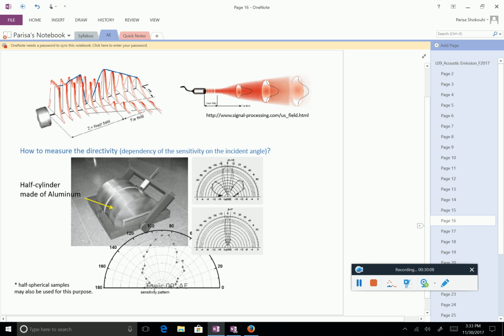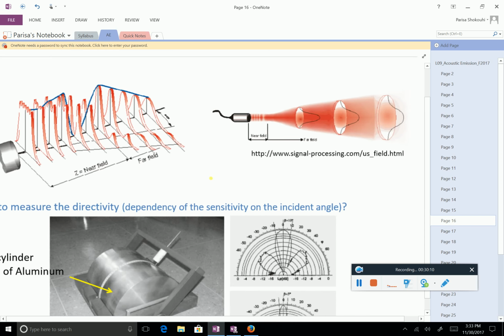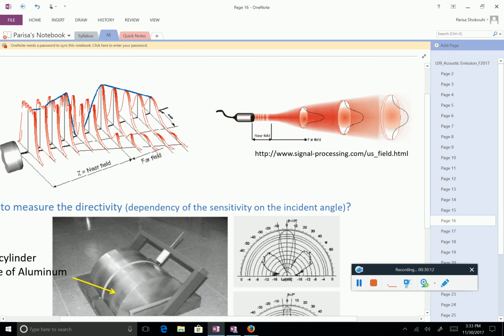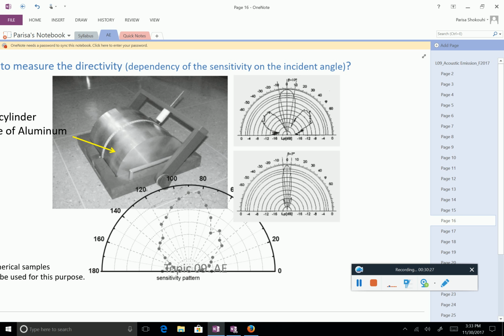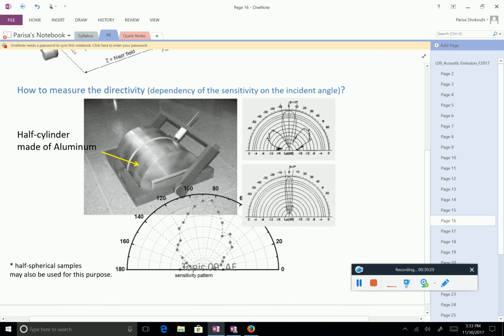And in case you have forgotten, the divergence was this. I think I gave you some German reference on this. You see that sensors have different divergence. And here you can see how we actually find this kind of divergence. So for example, you can have a half cylinder and you can have a sensor on the back, and then you measure the amplitude around it.